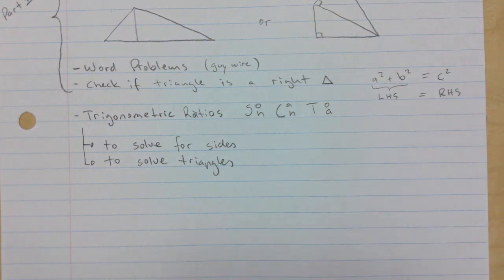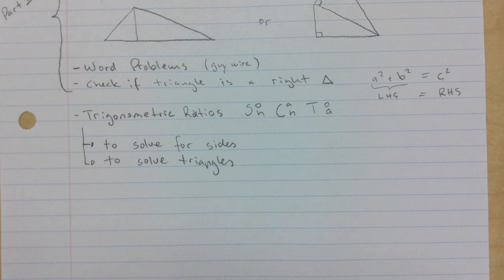Solving triangles just means you solve for all angles and all sides. Okay, and we did that. What are we going to do down the road? So we basically just did trig to solve for a side length and to solve triangles, right? We've done that, but we will still do more.